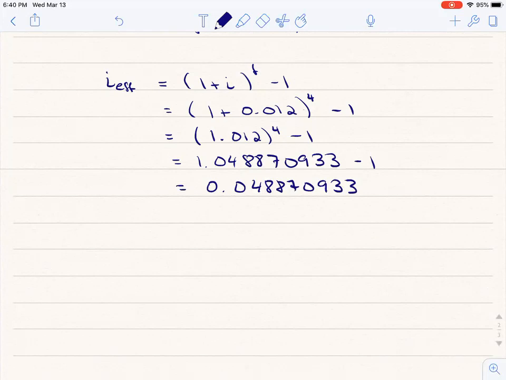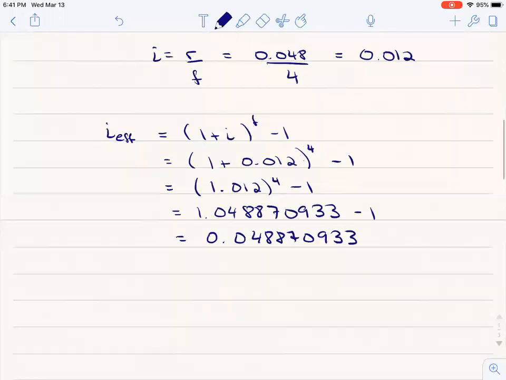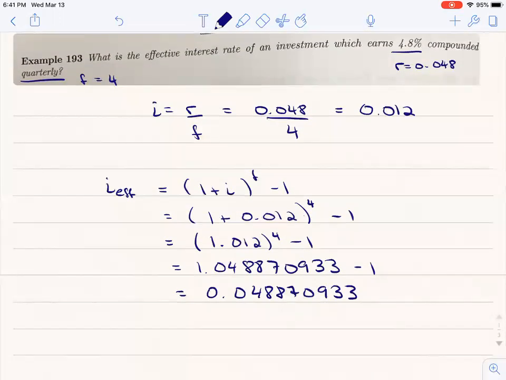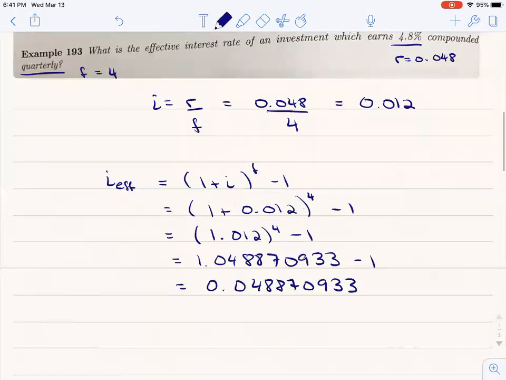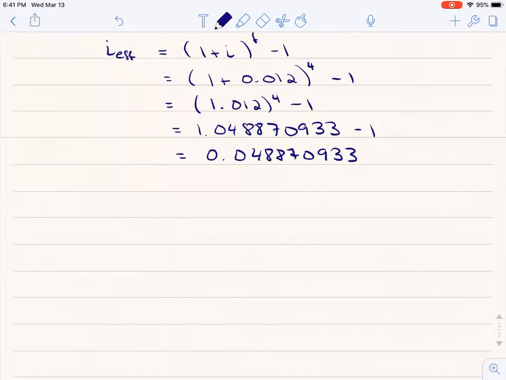So the effective rate of 4.8% compounded quarterly is telling us that 4.8% compounded quarterly is the same as 4.887% compounded annually. So therefore, I'm going to say this is the same as 4.89%, just rounding a little bit.